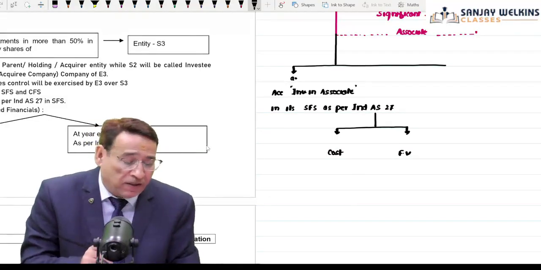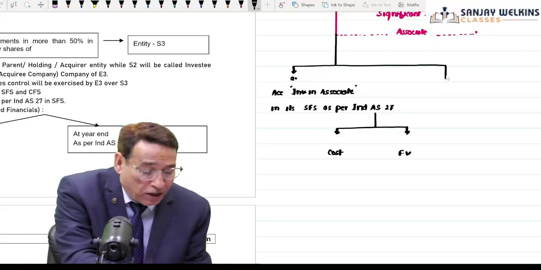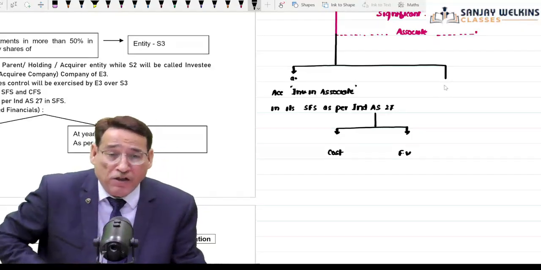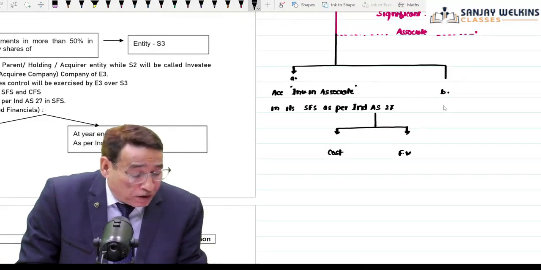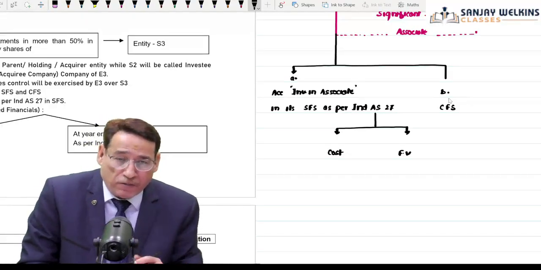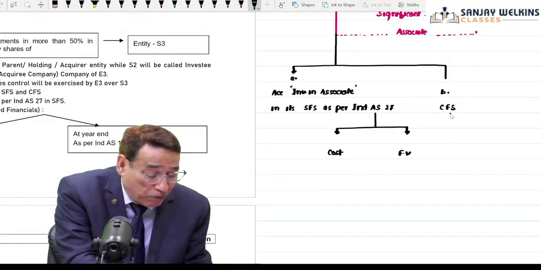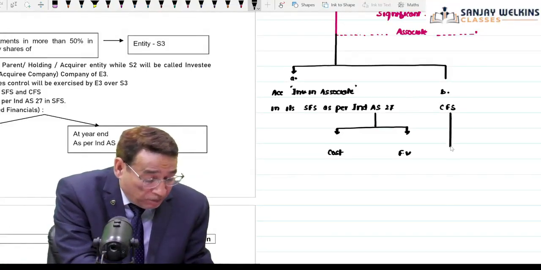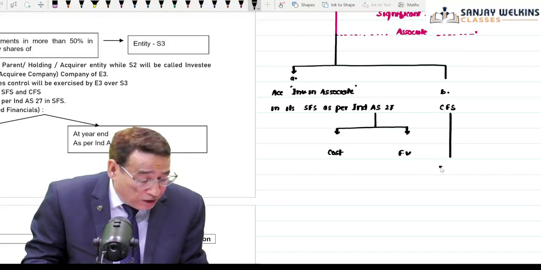And besides that, the investor entity in this particular case will have to prepare a consolidated financial statement. Is it clear to you? And consolidated financial statements will be prepared in accordance with, and that is also very important, Ind AS 28.